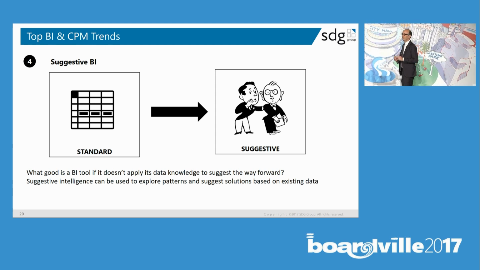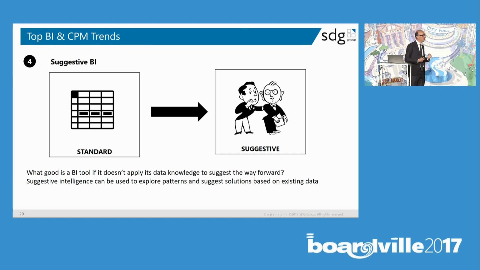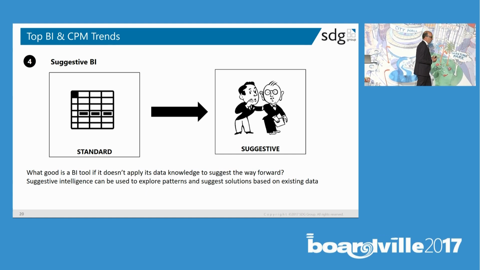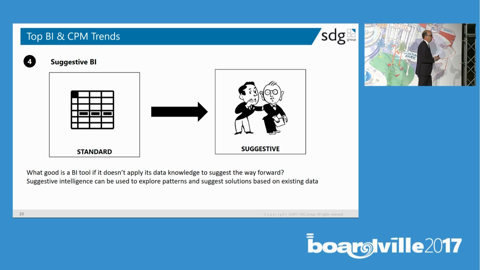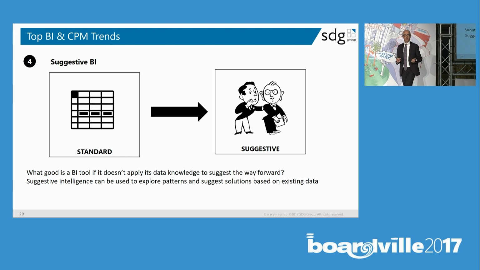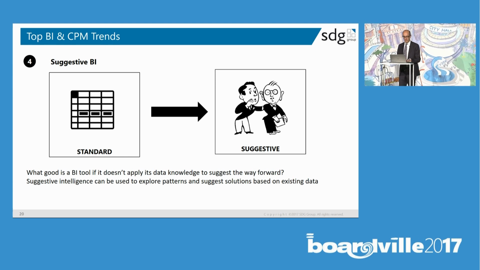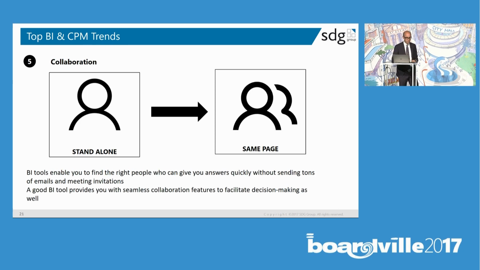This is suggestive BI. Suggestive BI is a tool that is able to find the right questions by analyzing the data. Cognitive analysis is an important part of suggestive BI.